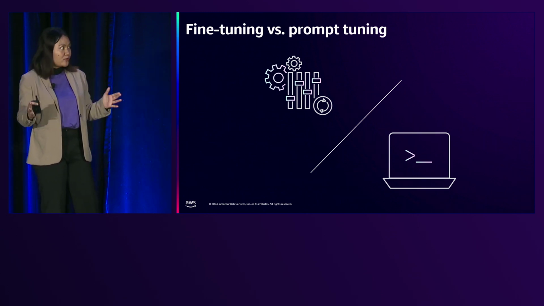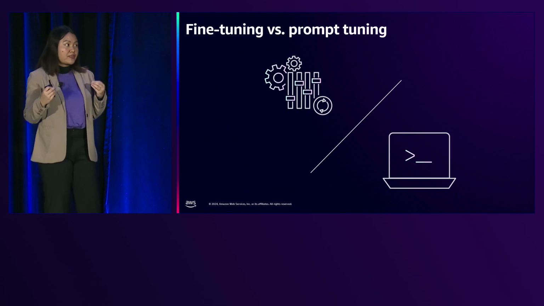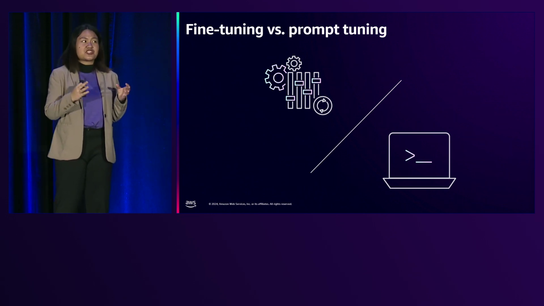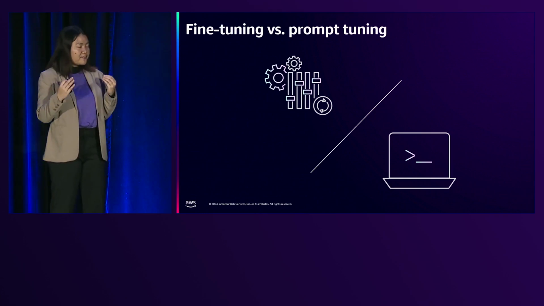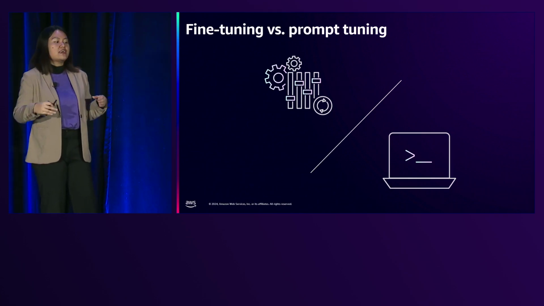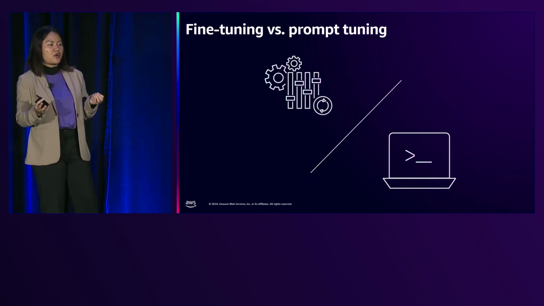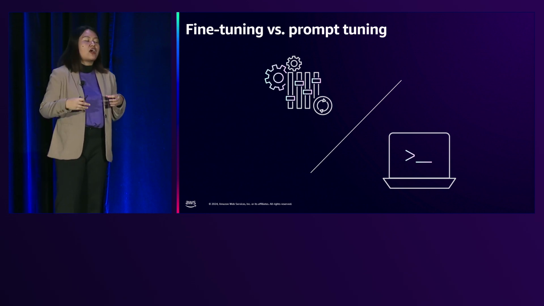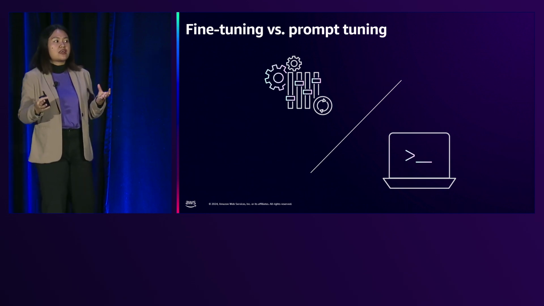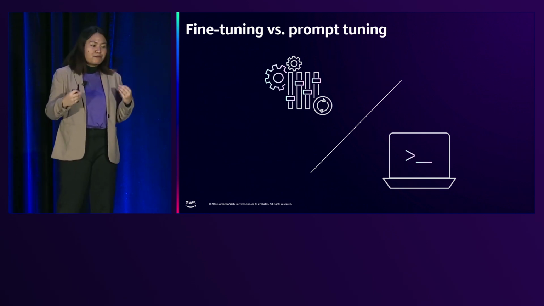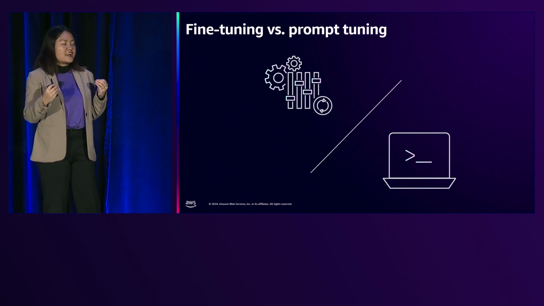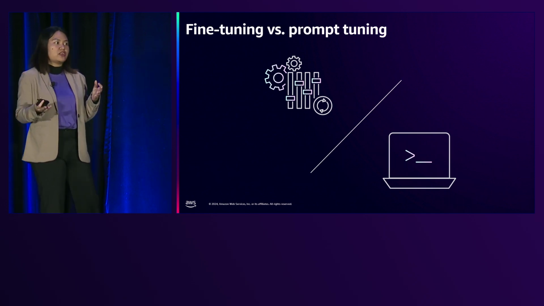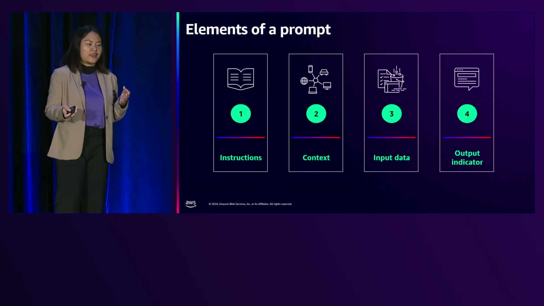Whereas with prompt tuning, you don't need to optimize the existing large language model or foundational model. You can give a set of instructions to your large language model or foundational model when you're asking the question, so you can influence the output. Okay?